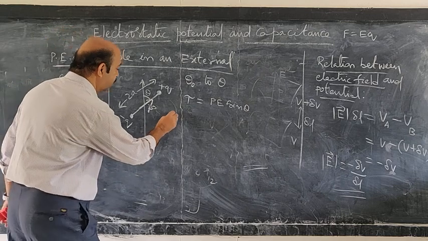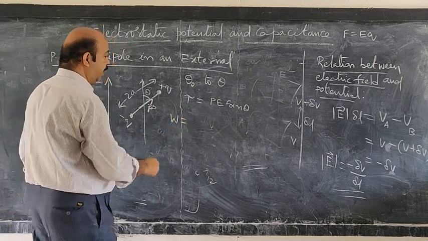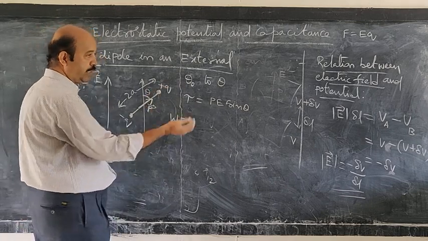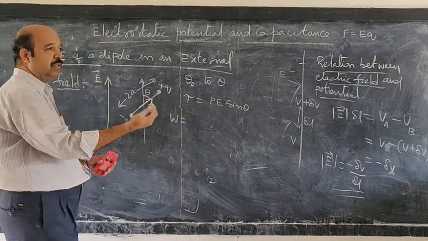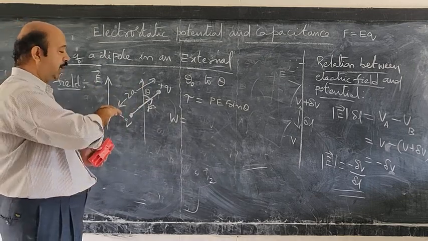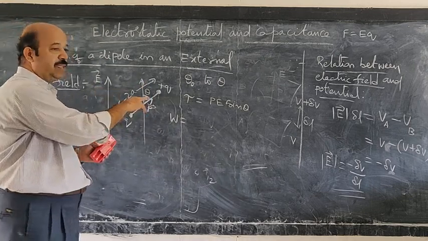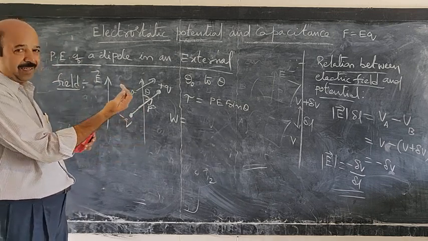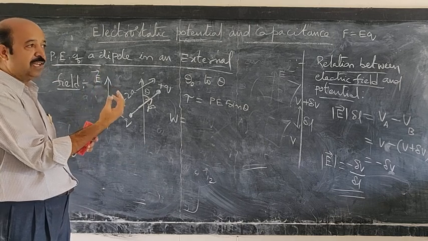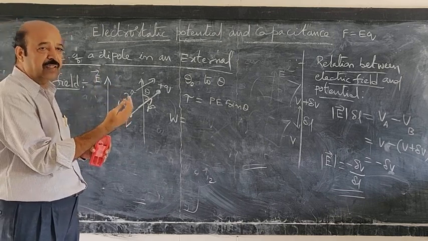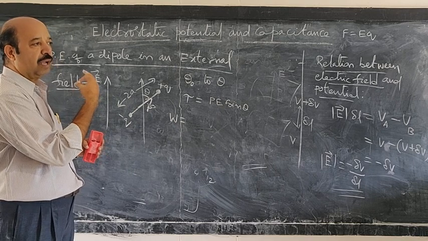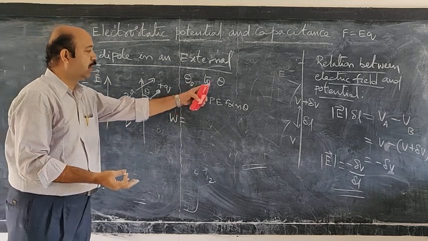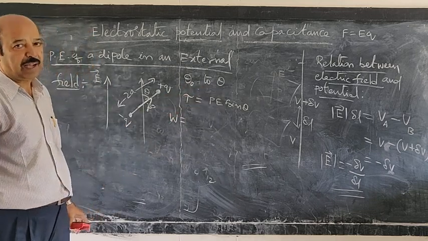Now the total work done in rotating the dipole from a position theta naught to theta by the external torque, because we have to counteract the torque exerted by the electric field using an external torque, such that without any angular acceleration, with a small angular speed, it is rotated from theta naught to theta.